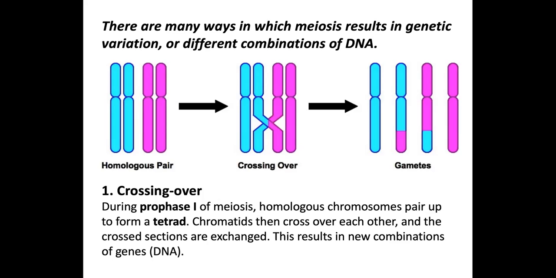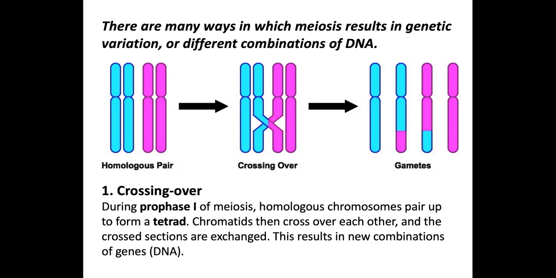So we have homologous chromosomes. The chromatids are then going to cross over, like you see up here. We've got blue and purple, okay? And then the cross sections become exchanged. This word is super important. Crossing over is exactly what it says it is. You see the chromosomes, the chromatids, crossing over one another.